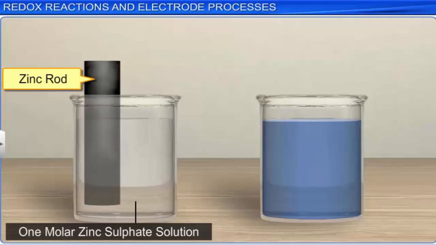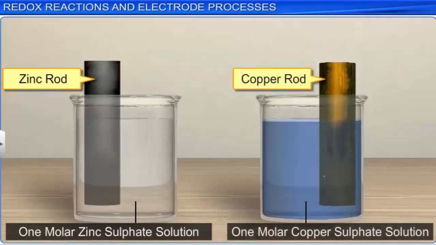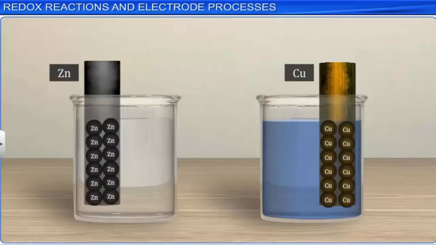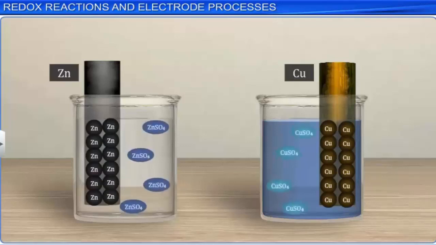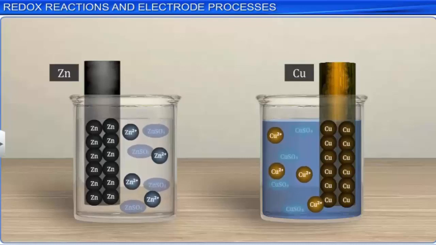Then, we place the copper rod in 1 molar copper sulfate solution. In each beaker, the reaction takes place at the interface between the metal and its salt solution, and both the oxidized and reduced forms of the same species are present. This is also known as a redox couple.